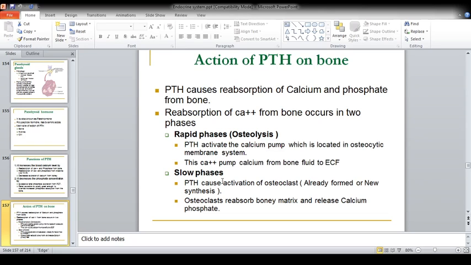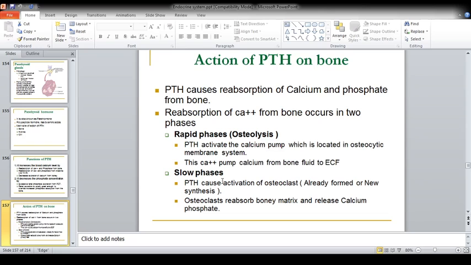Whereas the other phase is the slow phase, where it causes activation of osteoclasts which are already formed, or it would cause formation of new osteoclasts. If you remember the lecture on bone, there were three types of cells in the bone.